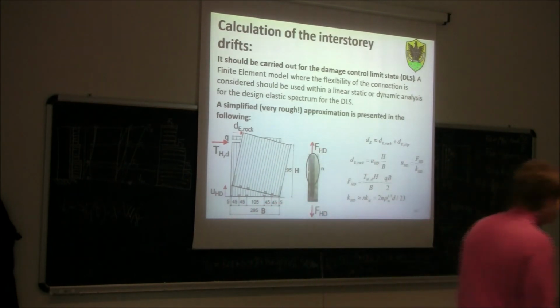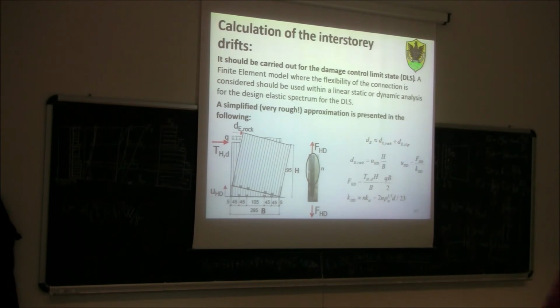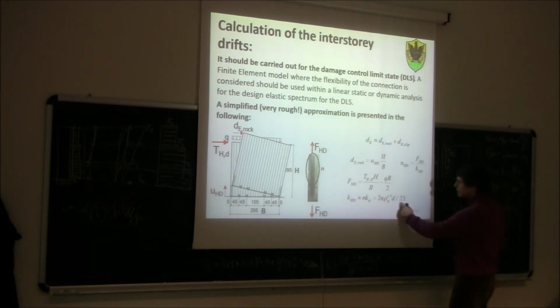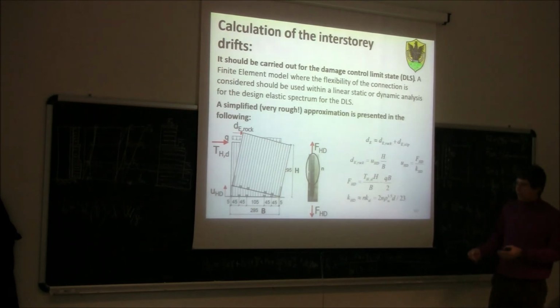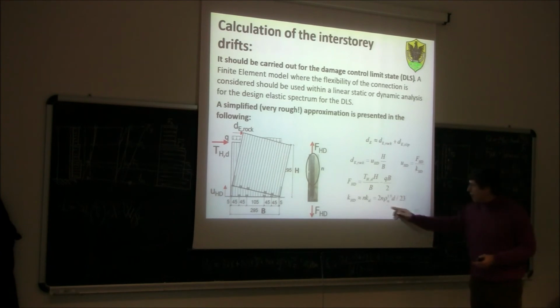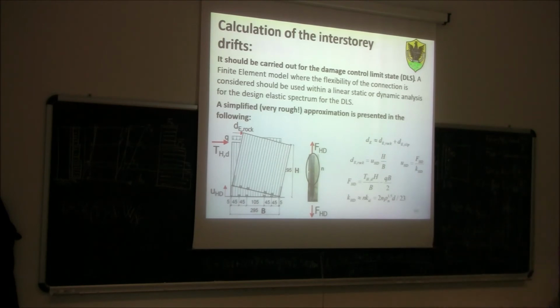In other words, if you have a timber-to-timber connection, this is the slip modulus for one nail. But the regulation says that if you have a steel-to-timber connection, take this value and multiply by 2. If you have n nails, multiply by n. So this is a simplification in the case where the producer does not provide us with this KHD factor.